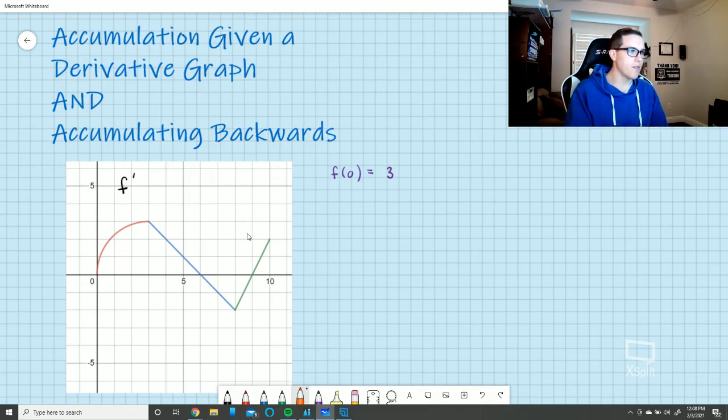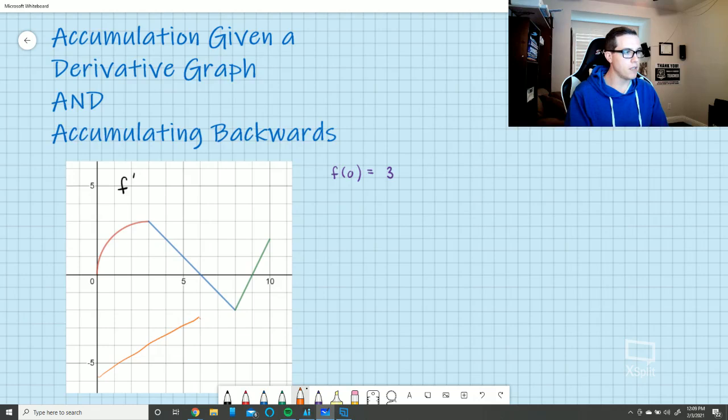This is the derivative graph. So right away, we can think about what the original function is doing by curve sketching. Look, we have all this positive area. So from 0 to, it looks like 6, the original function is increasing.